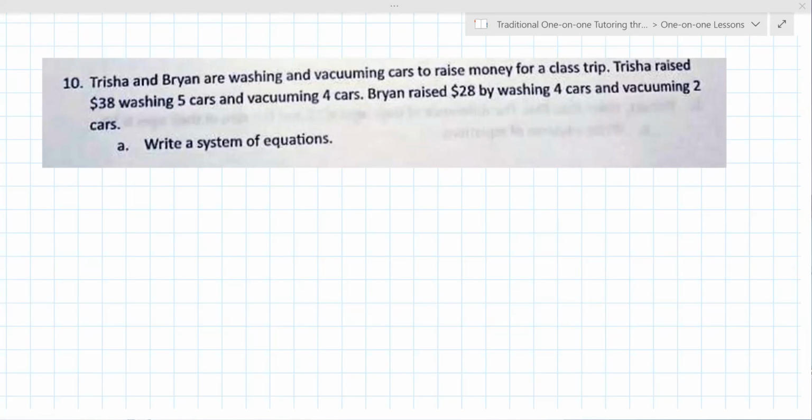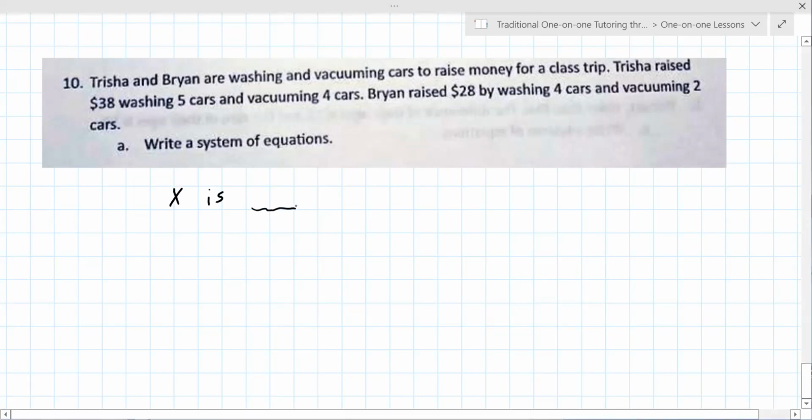Okay, what I'm asking you is to read part B and tell me what does X represent? X is the price for what though? Be more specific. Price for washing or vacuuming cars. Well, which one? You've got to choose. There's a price for washing and a price for vacuuming. Okay, X is for washing and Y is for vacuuming. Yes.